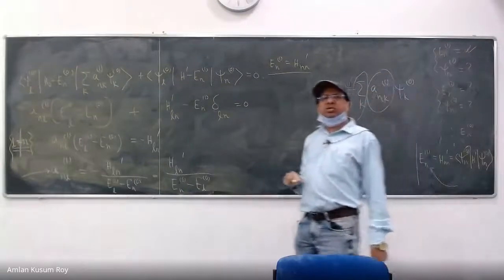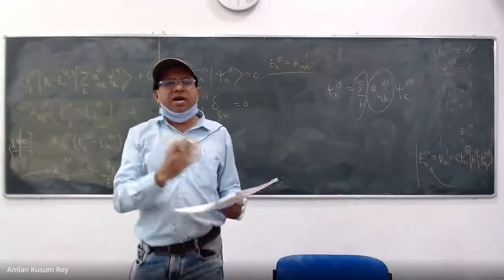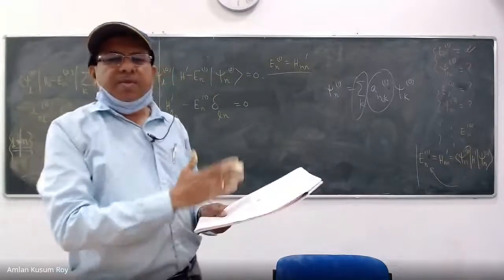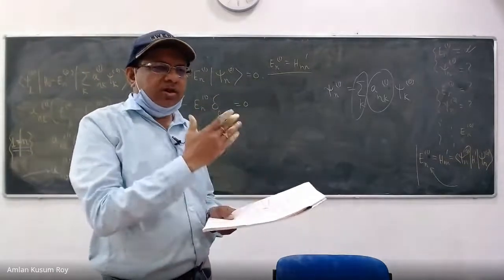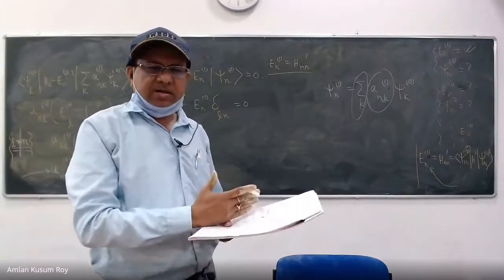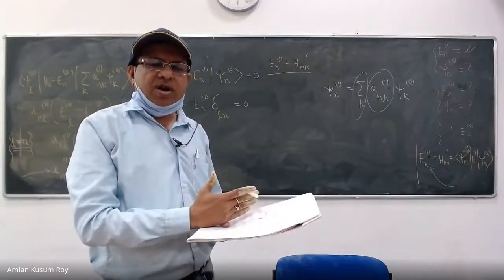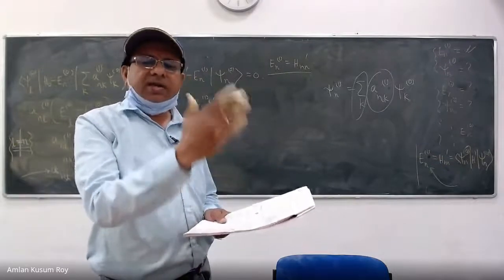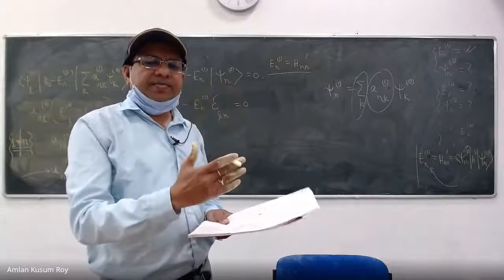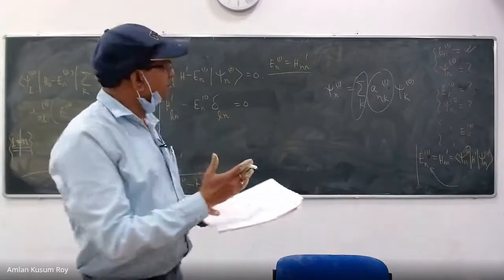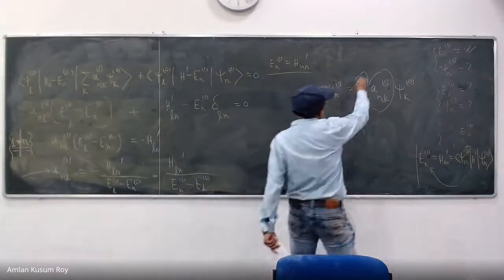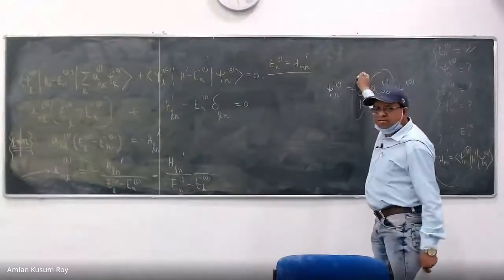You are looking for the nth state, but to find the first order correction of the nth state, you need to sum over all the states not equal to n, because this is a complete set. So in principle, there is an infinite number of states.